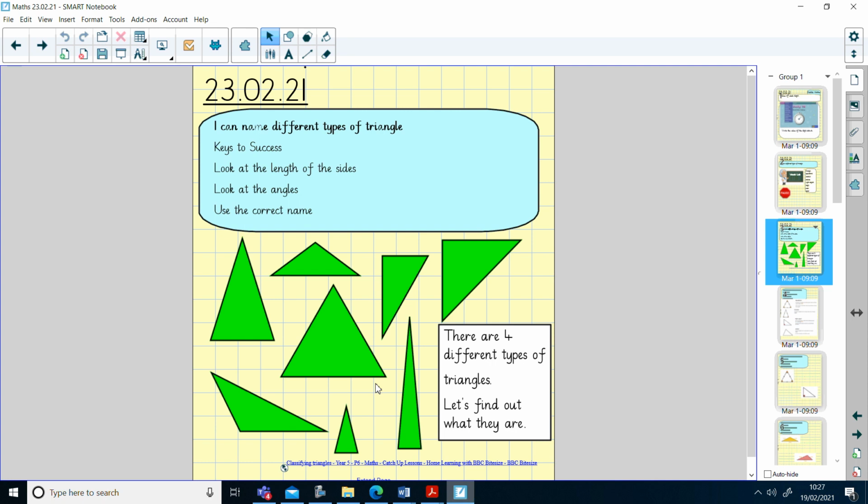And the other one that I think you would be able to spot is the right angle triangle, because we've done lots of work on right angles. We know it has that L shape in it. Okay, and we know that the right angle is 90 degrees. So it's the equilateral triangle and the right angle triangle that I think you're going to already be very good at. But let's find out about the other triangles.